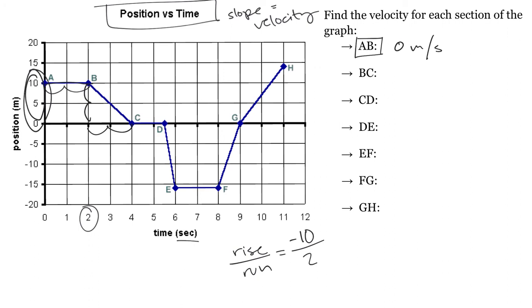So it's negative 10 divided by 2 is negative 5 meters per second. So on and so forth for the rest of the things. Okay, so just make sure when you're doing the slope on these, you are checking your axis to make sure you're using the numerical values there for rise over run rather than just counting the spaces.